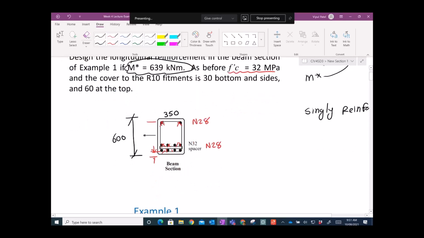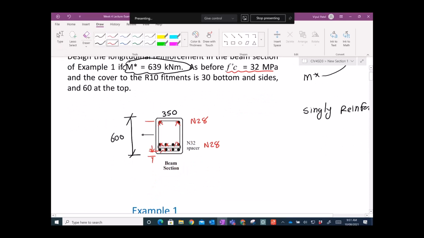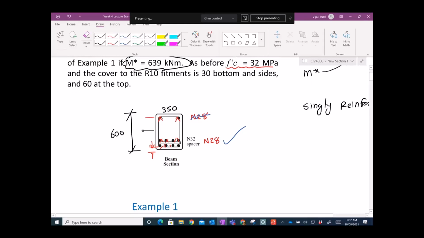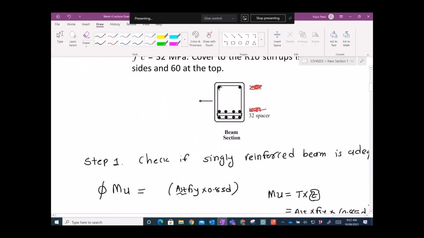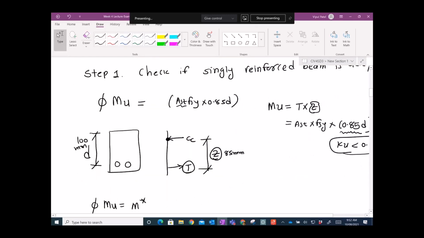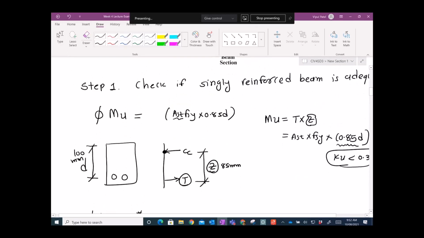Now, because we don't know whether to put the top bars or not, let's start with only the bottom bars, because if 639 can be achieved using bottom bars, then it's a winning point for us, because it is singly reinforced. So we said let's check for singly reinforced.